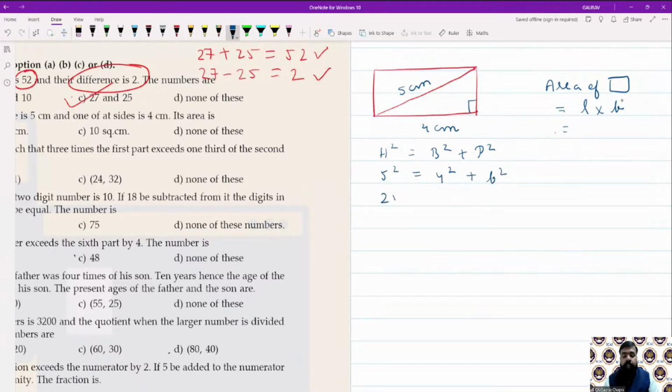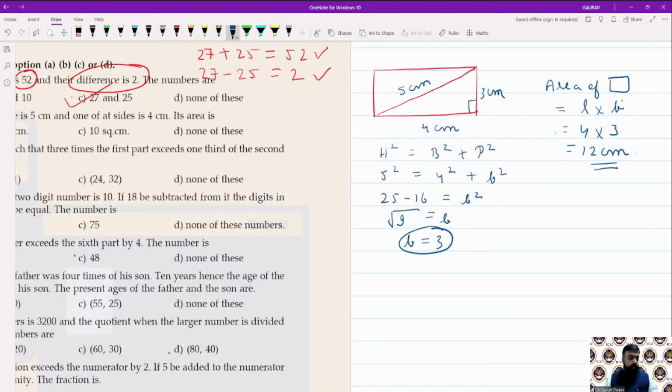So how much are we getting? 25 minus 16. So root of 9, that is 3. So breadth we are getting as 3 centimeter. Breadth is 3. So 4 into 3 is 12. So 12 is the required area.